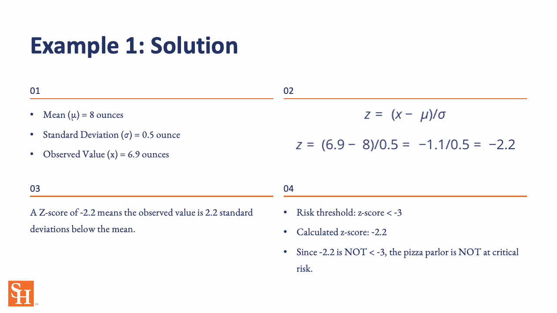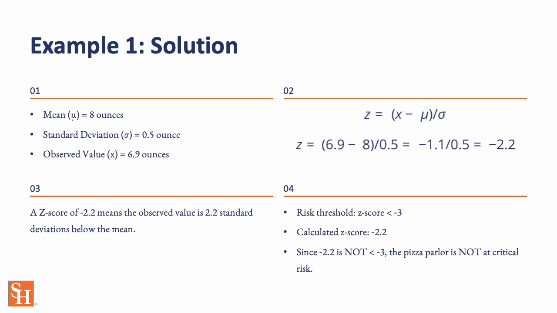That means the amount of cheese they are using for making this pizza was 2.2 standard deviations below the mean, right? So that is still within the range of 3 standard deviations.